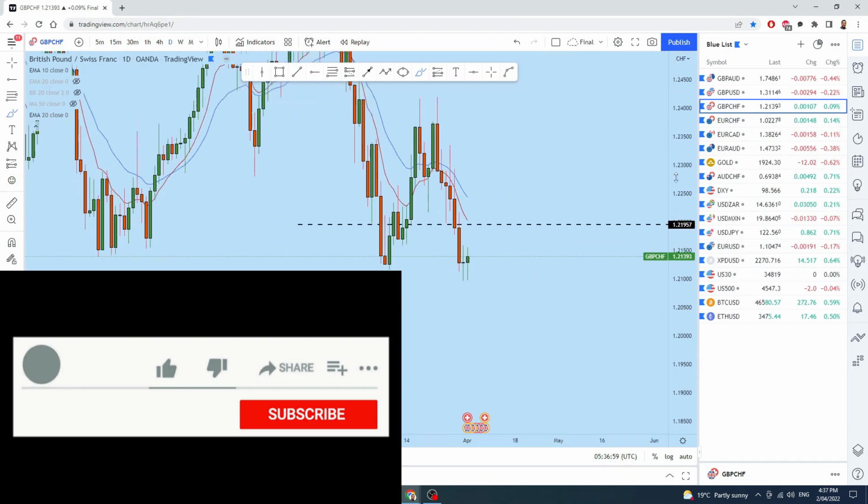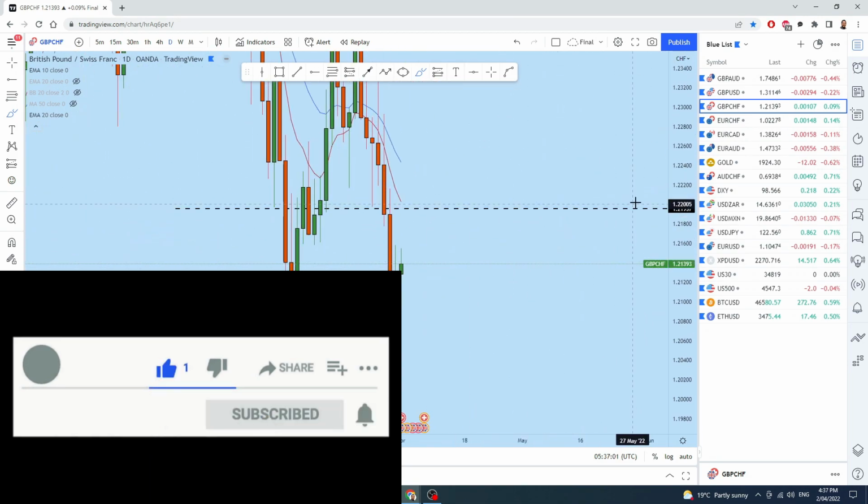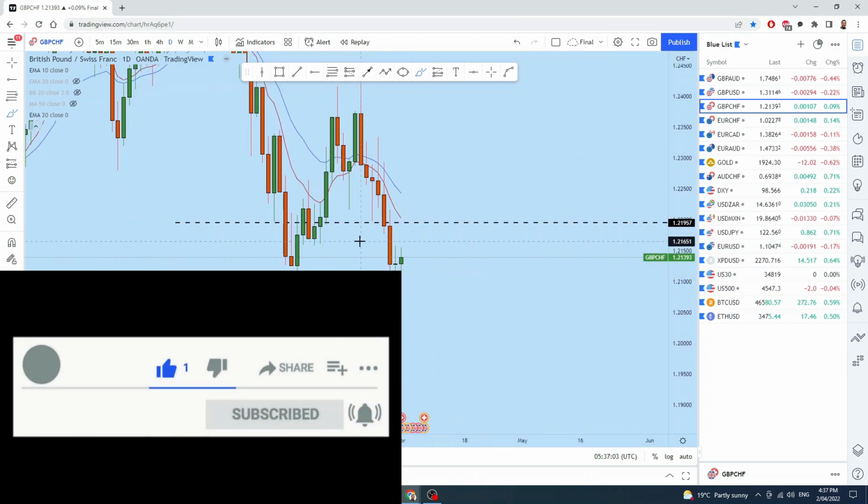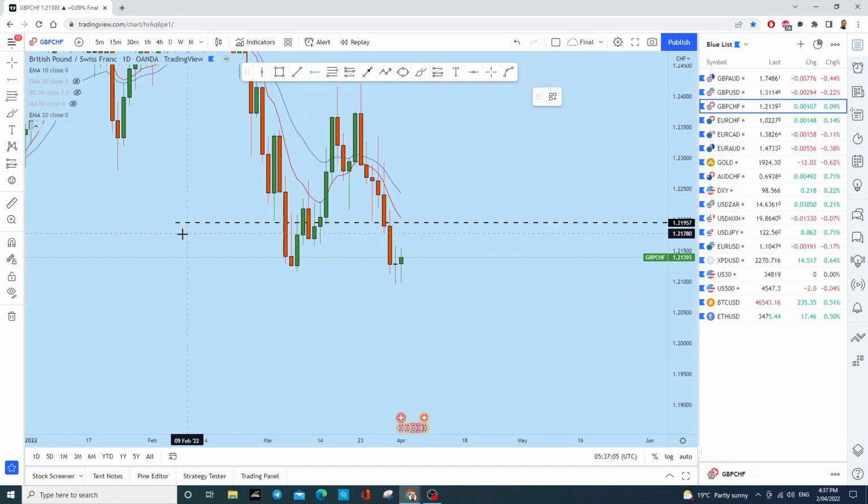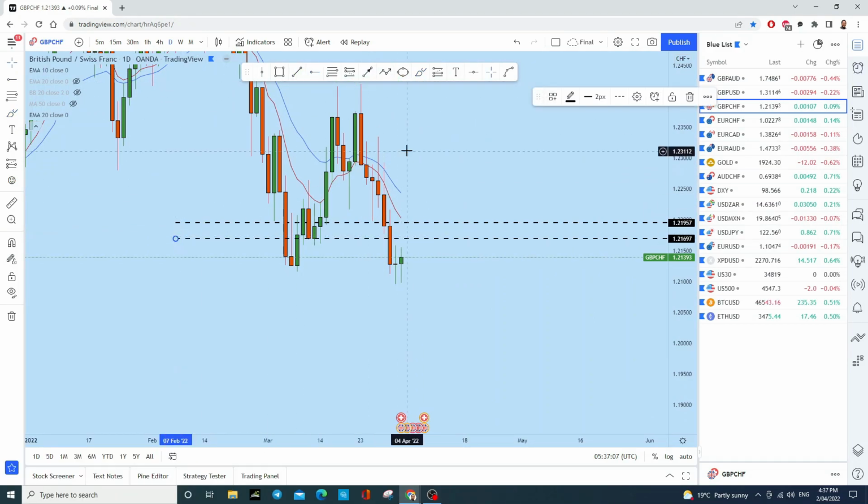Now daily time frame. Now on the daily, what we see, what I think, you see there is a strong level of support. Let me draw this one here. Why? You see there is the move here, and in this move there was a red candle that acted as a strong level of support here, and the price broke here, came back down below and created a level of resistance.